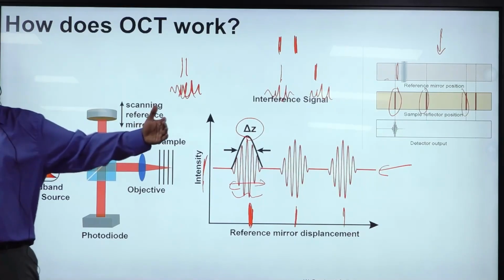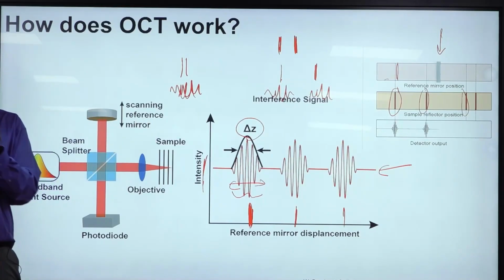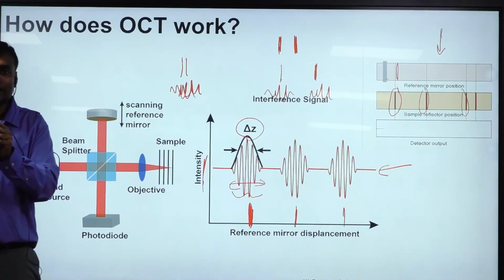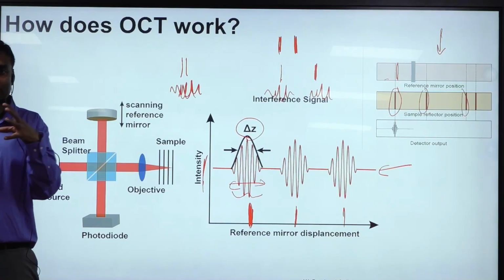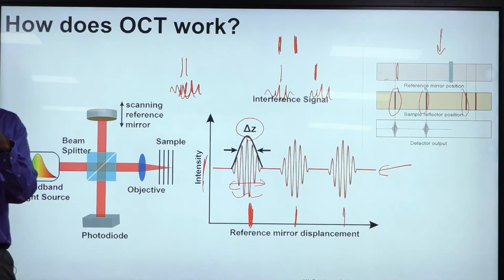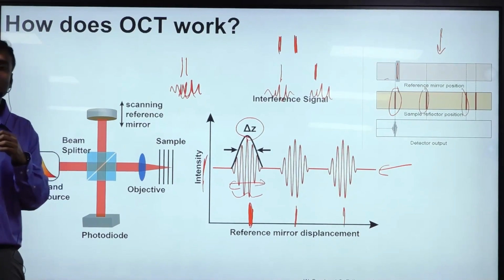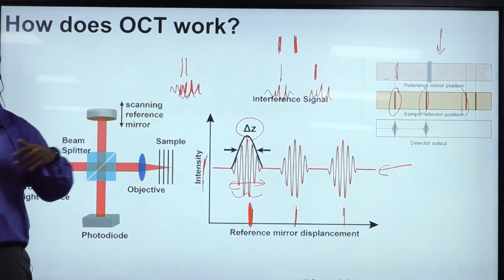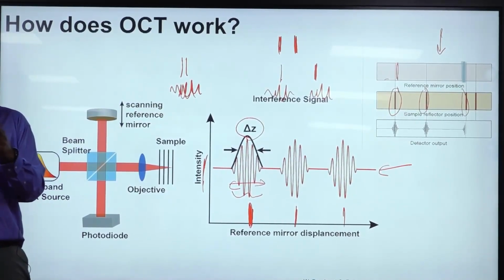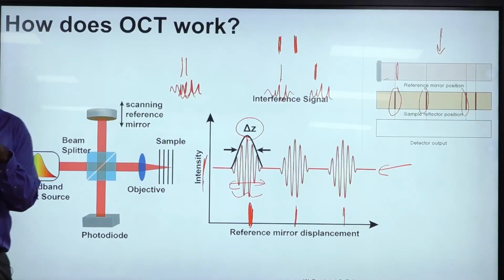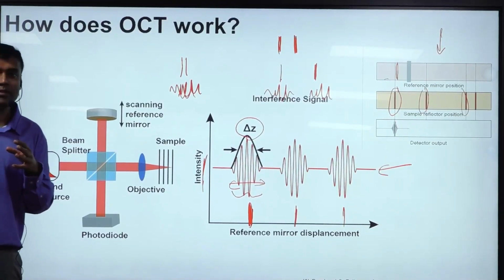Now, if these two pulses come back together exactly at the same time, then they constructively interfere. They interfere properly, and you can measure a high value of the signal. If one comes first and the other comes much later, then they don't interfere constructively. So you don't get that high signal.